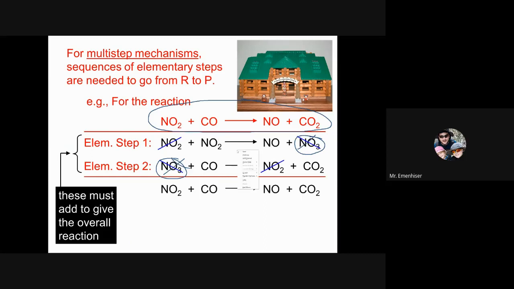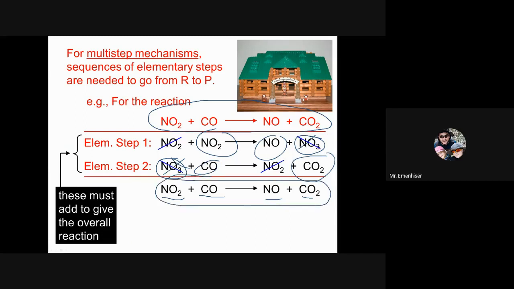Okay, so what's left? We have NO2 right here. We have CO right here. NO right here, and then CO2. So do these 2 add up to give us a total reaction? Yes. And so we would say yes, these mechanisms are possible. This is a valid mechanism for this reaction because it adds up to our reaction. So we need to check the stoichiometry and make sure that when things cancel out, we actually get the overall reaction.